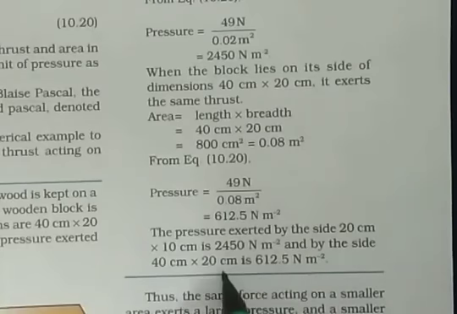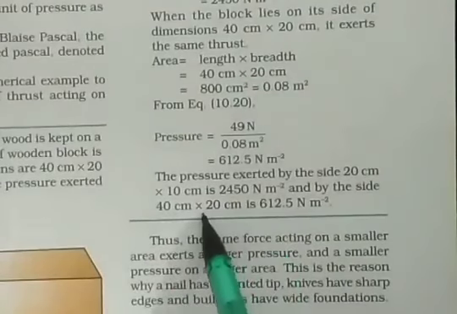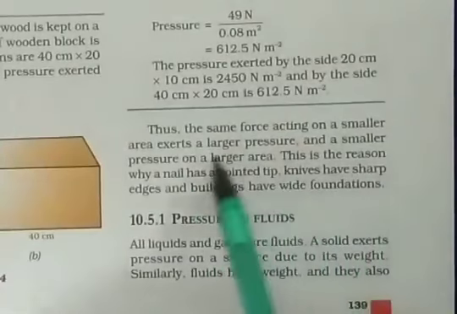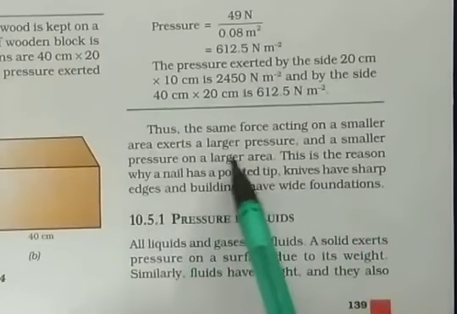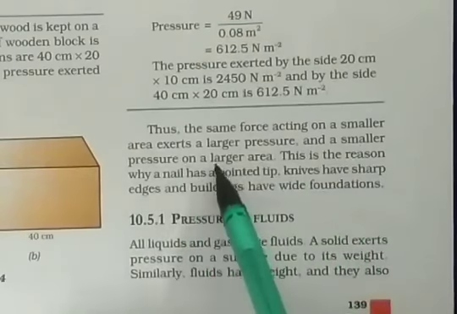Right, the force which is acting on this is less on this area, since the larger area is in contact with the table. So thus the force acting on a smaller area exerts a larger pressure and a smaller pressure on a larger area.